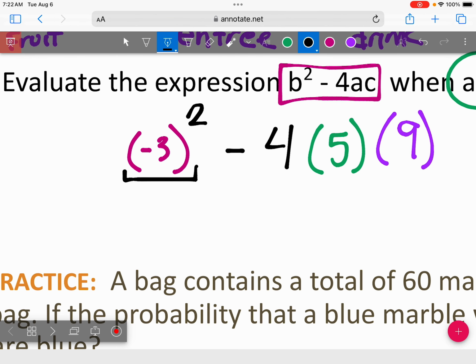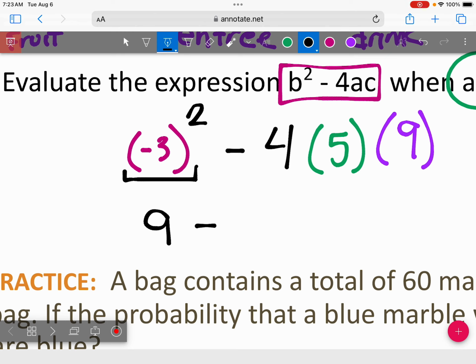If you put it into a calculator without the parentheses, the calculator will tell you it's -9, because the calculators aren't sure if you meant (-3) squared or -(3 squared). So you got to make sure you're clear on it. So this should be a +9.